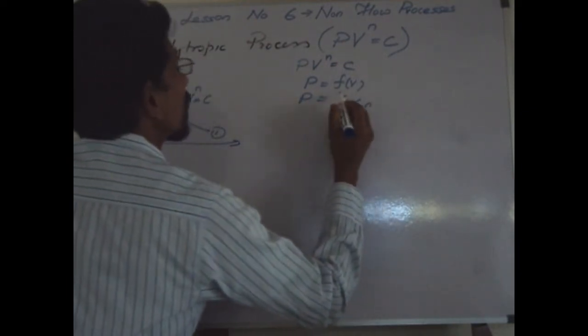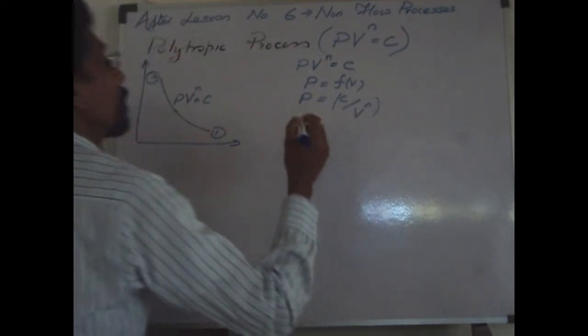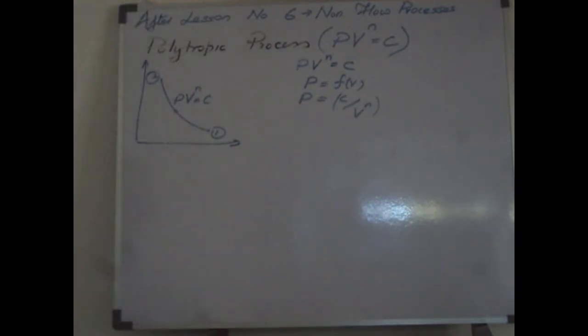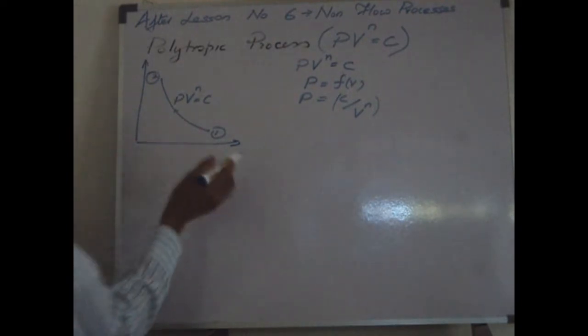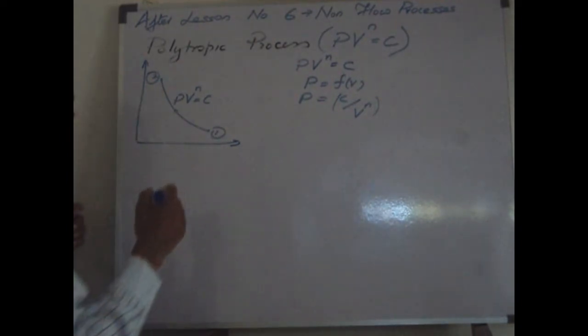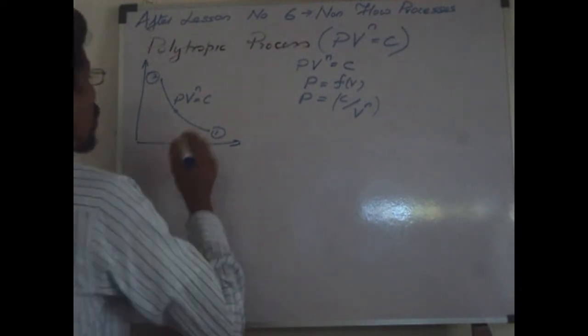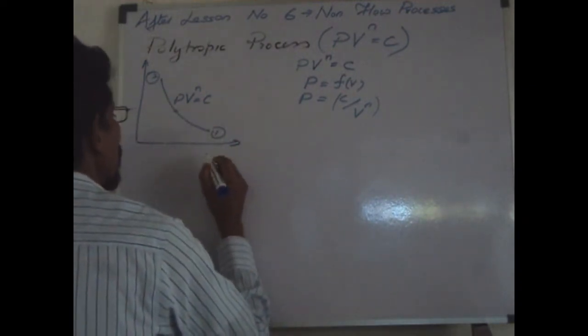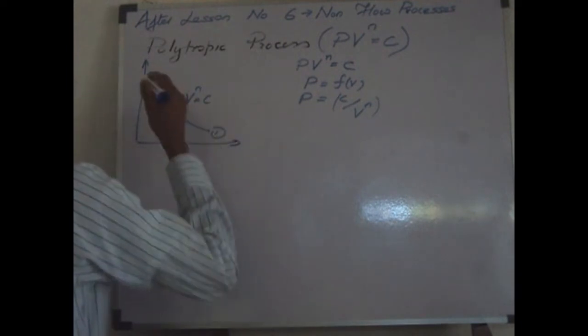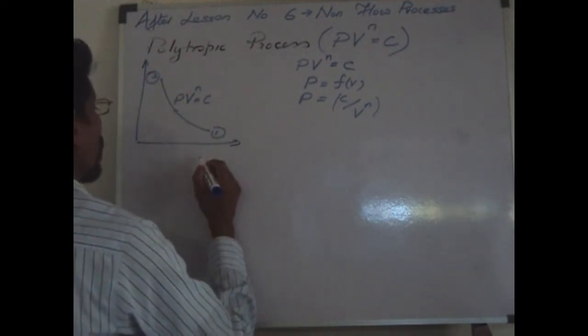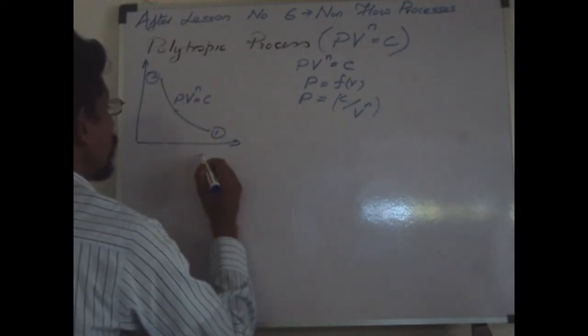This is the relationship between P and V. So, same like the constant pressure, constant volume and isothermal processes, here also you can apply a set of equations in determining the properties belonging to state 1 and state 2.